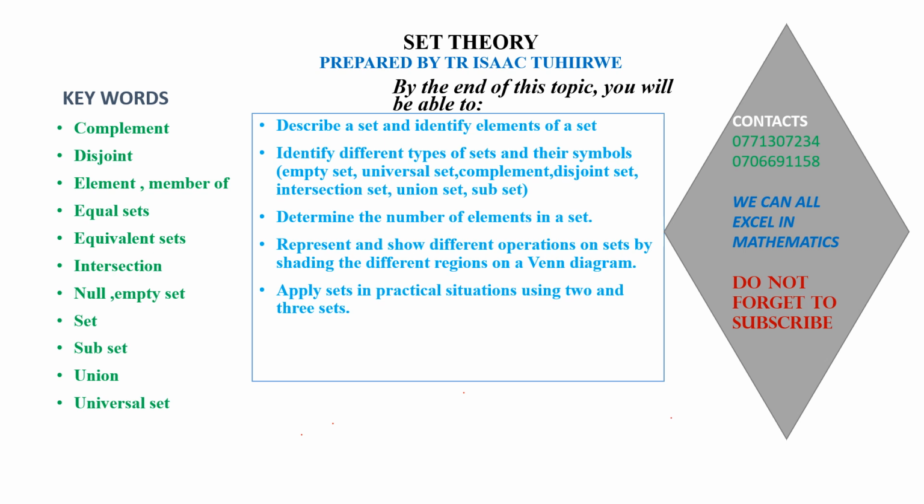For the case of 2 sets, we learned that in primary 6 and primary 7. So now in secondary, we mostly focus on the 3 sets. And so that's what we are going to look at today, then other learning outcomes will come in other lessons.